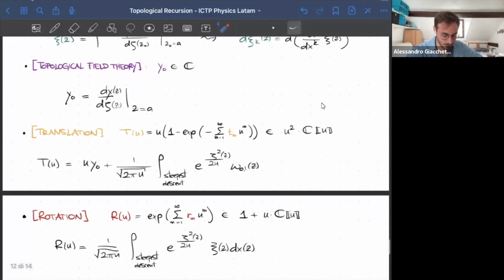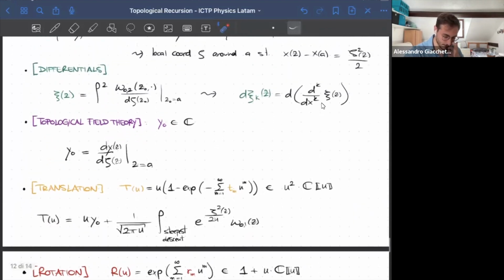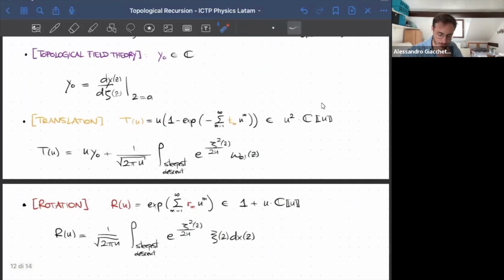And then there's another gadget that is called a rotation, which is now a formal power series that starts with a 1. And this is again a steepest descent integral, but instead of taking omega 0,1, now you take psi, this function here, times dx. So again, this is a very complicated way of giving you an infinite sequence of numbers that I call R_m.